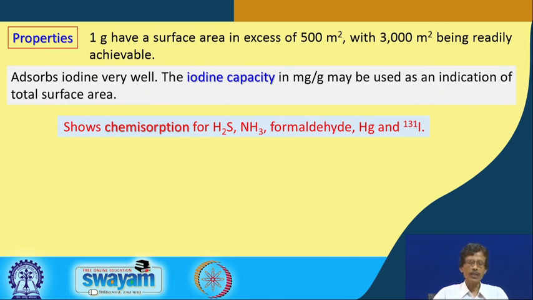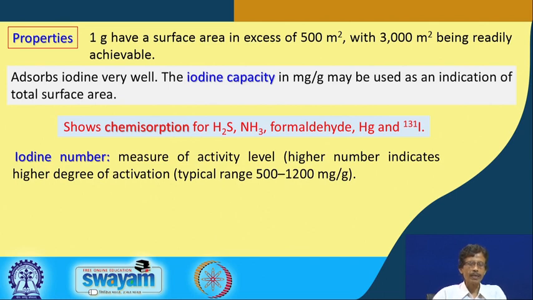We can see that gases like H2S and ammonia, formaldehyde, the formalin-like liquid, mercury as a metallic liquid, and the iodine-131 isotope are adsorbed. Sometimes isotopic separation can also be achieved. Iodine-131 can show chemisorption, so if we try to enrich that isotope, we can go for this type of chemisorption by activated carbon, which can be prepared industrially.